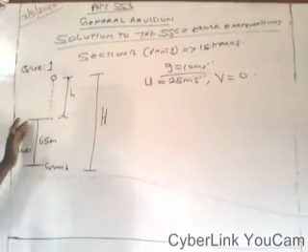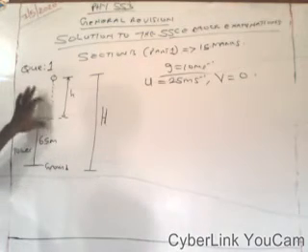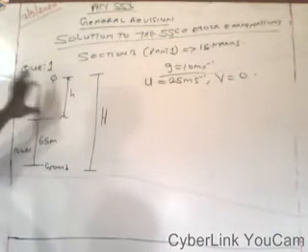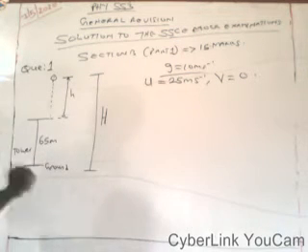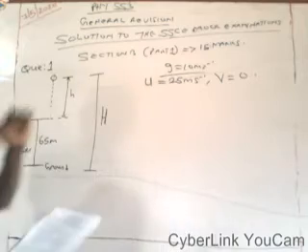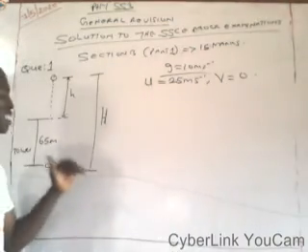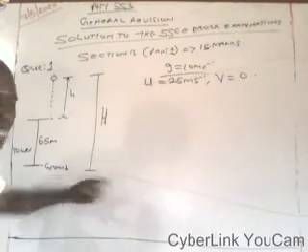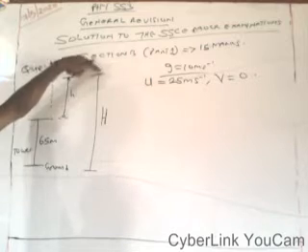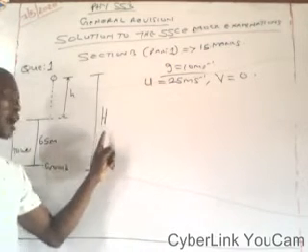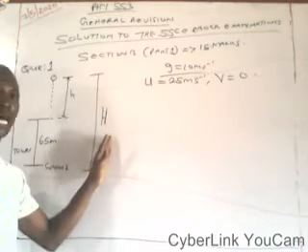You can do the demonstration on the board. From the top of the tower, an object was thrown vertically upward, covering another height represented by this small letter h. But the question is not asking us to calculate the height attained by this object from the top of the tower. The question is asking us to calculate the total height from the ground, from the ground to the maximum height reached by the object. That's why I denoted this maximum height as capital H.